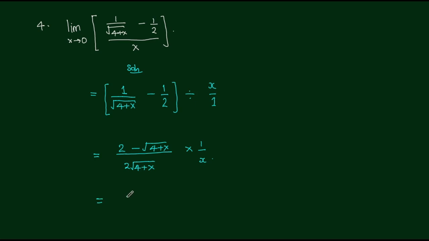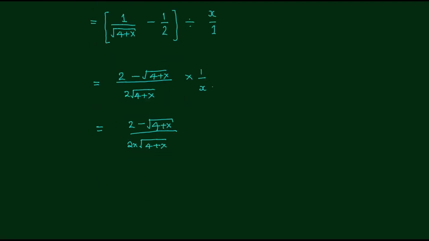Simplify the numerator, we get 2 minus root of 4 plus x over 2x multiplies 4 plus x, and this is our new version, which we shall use to replace what we had earlier on here. And we have our limit.